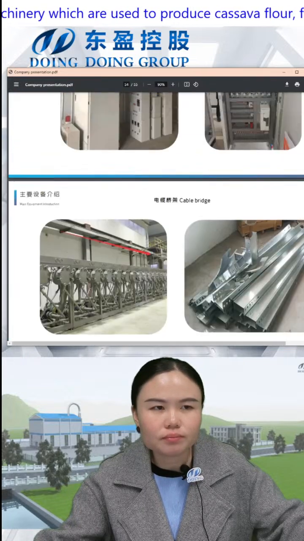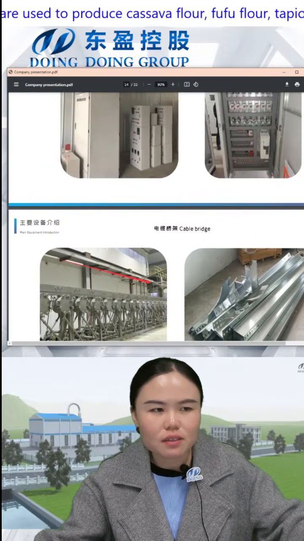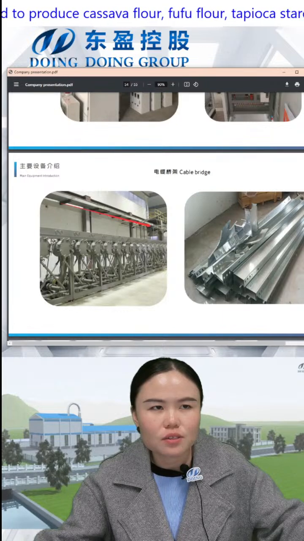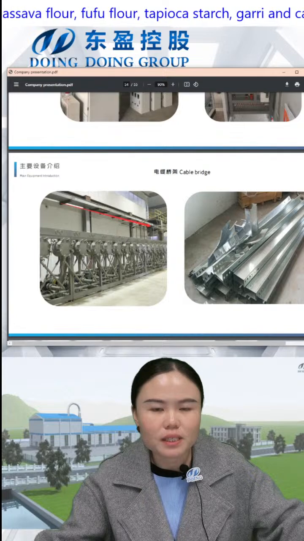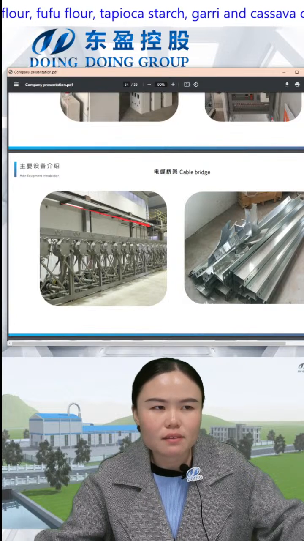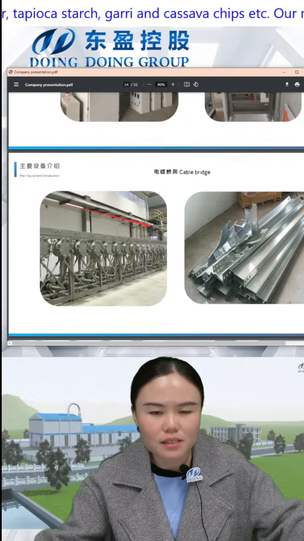So that's all for today's introduction. Today we mainly introduced the process of making cassava starch and the main equipment used for this production line.